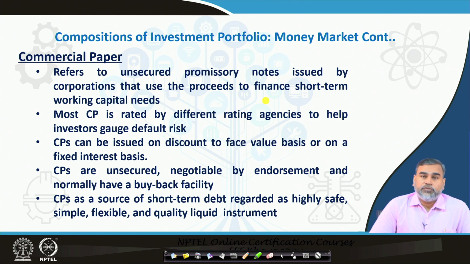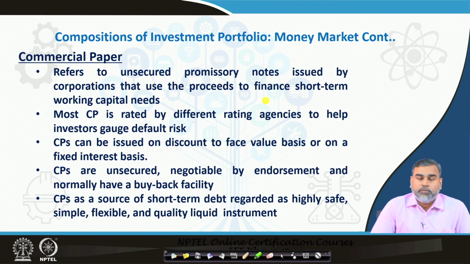Then we have another instrument, which is called commercial paper. This is basically a kind of finance always used to finance the short-term working capital needs of companies. Commercial papers are rated by different rating agencies to help investors know what kind of default risk they carry, and they are issued at a discount to face value or on a fixed interest rate basis.